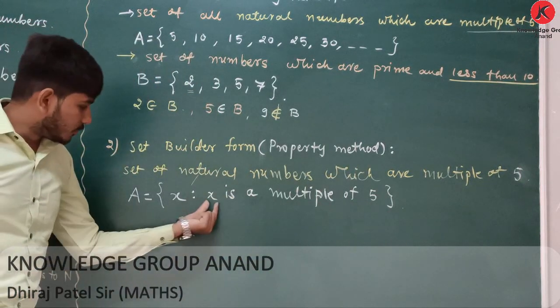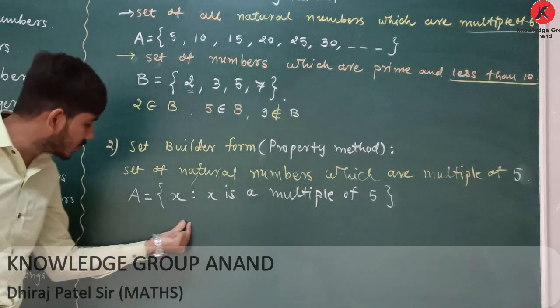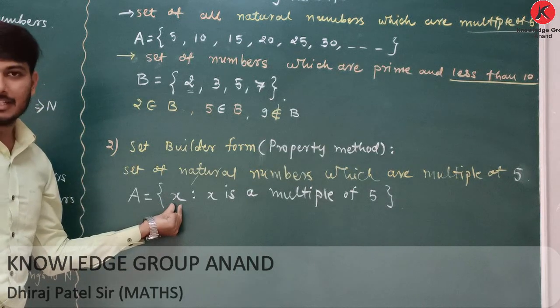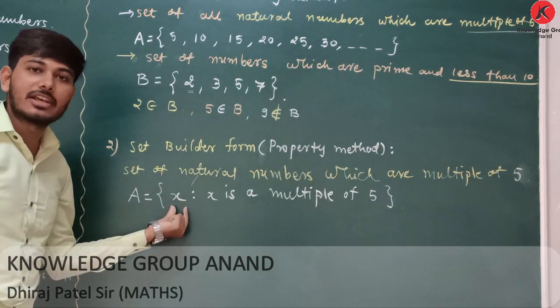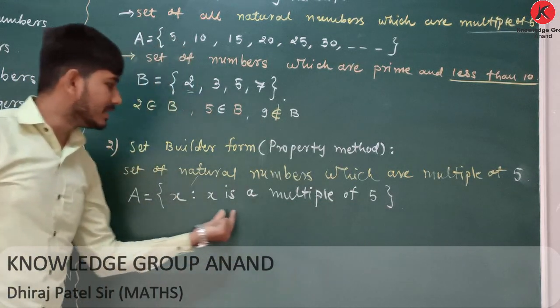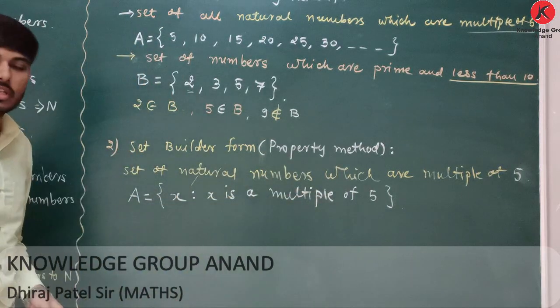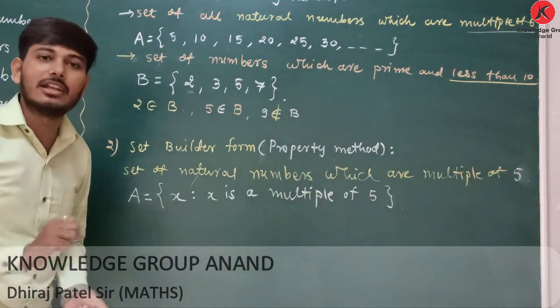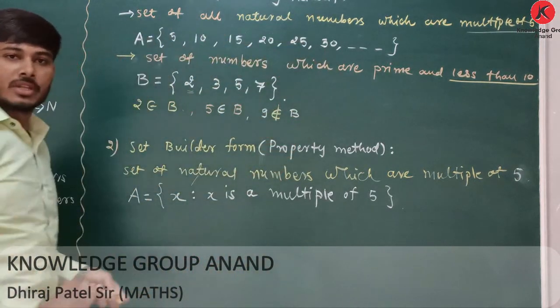So what is x? x is a multiple of 5. Therefore we have to write all the elements of x which follow this statement. Therefore we can represent this set in listing method as 5, 10, 15, 20, 25 up to infinity.